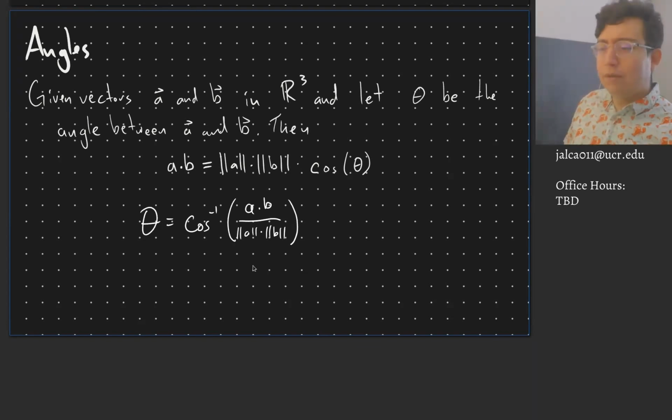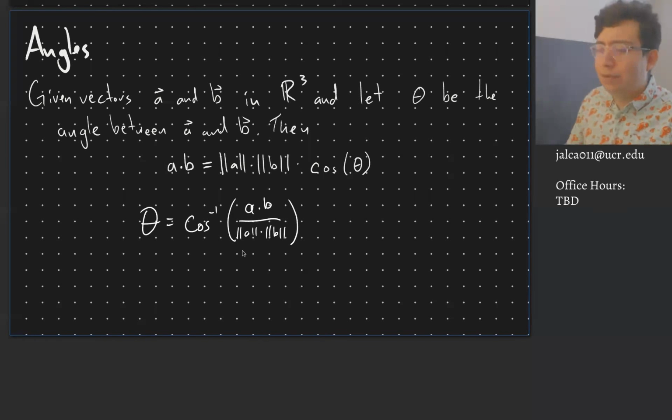So one thing I'll notice is, let's go back to our pre-calc brain and remember cosine inverse. Cosine inverse is not 1 over cosine, right? It's arc cosine. So maybe instead of this, you prefer seeing arc cosine.